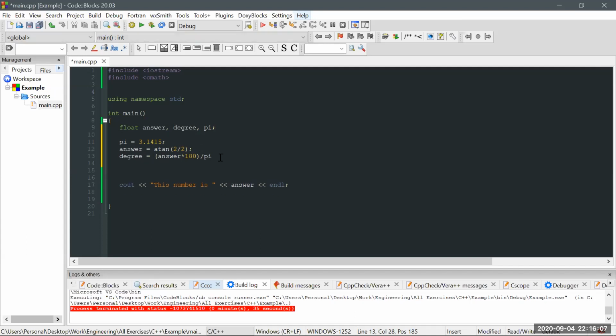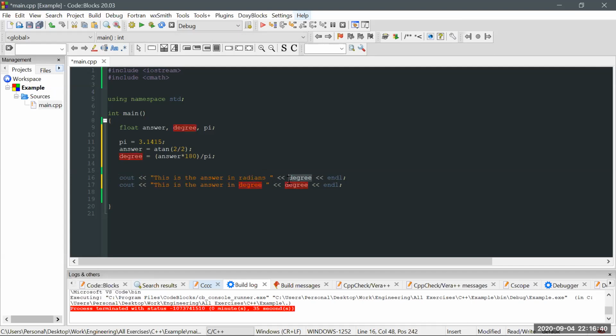If I run this one, I should be able to get the degree form. So instead of answer, I can say degree. Or I will try to display it like this: this is the answer in degree. I need to copy this. This is the answer in radians.